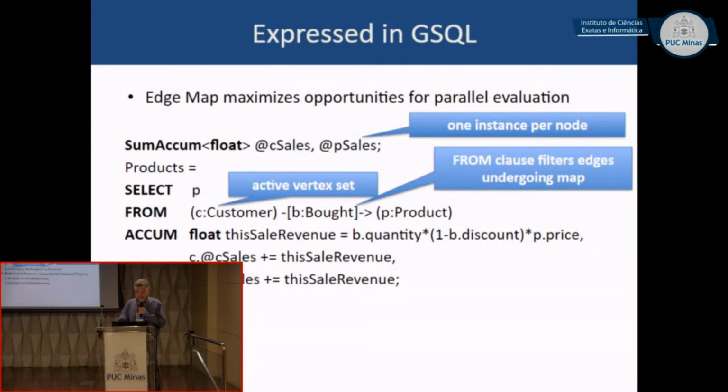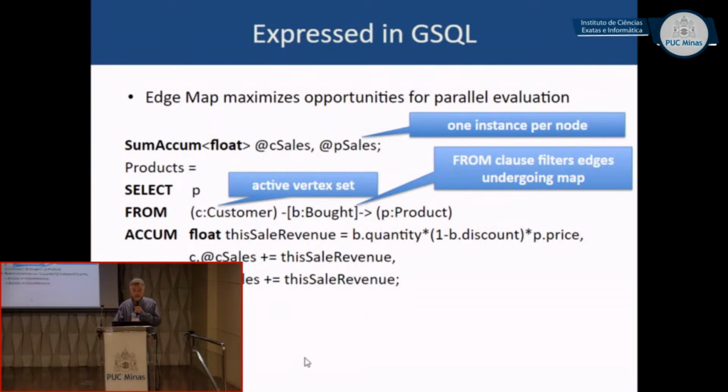It basically says that we have here a customer C. This is a variable binding to nodes of type customer. This variable P binds to nodes of type product, and only if there is an edge oriented from the customer to the product of this type bought, and we introduce a variable to refer to that edge B.